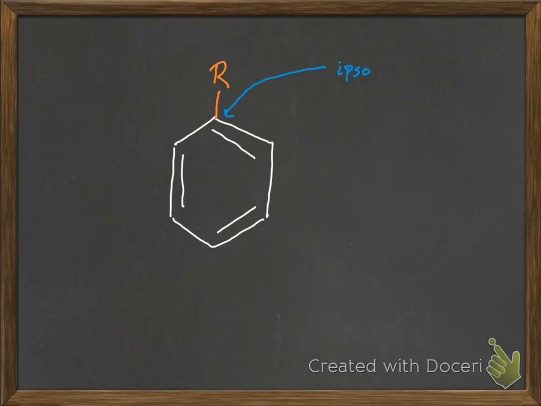These carbons right here and here, that is 1 carbon away from the R group. These are called ortho. And there are 2 ortho positions or ortho sites on a monosubstituted aromatic ring.